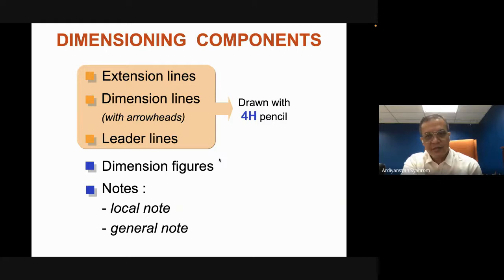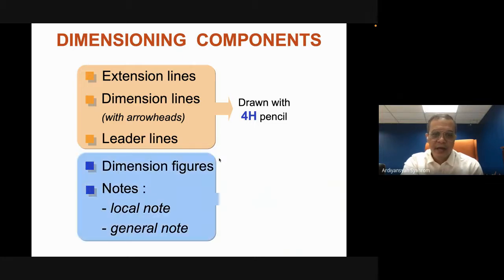You draw the extension line, dimension line with arrowheads, and leader line with a 4H pencil, and the letters with a 2H pencil. You need to differentiate.